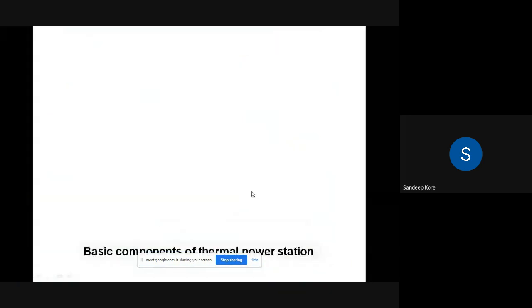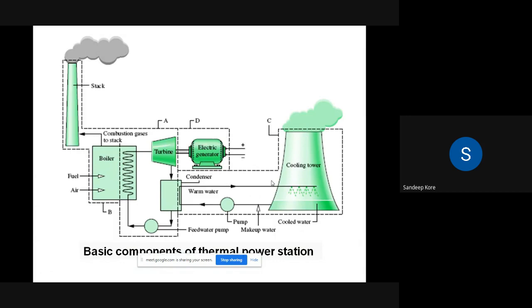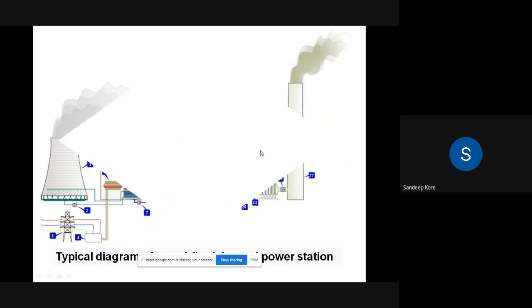So this is the layout of a thermal power station. It consists of a chimney through which the burnt gases are expelled, a boiler, turbine, electrical generator, and condenser. It is connected to a cooling tower, then a feed pump. So a huge number of components are involved.